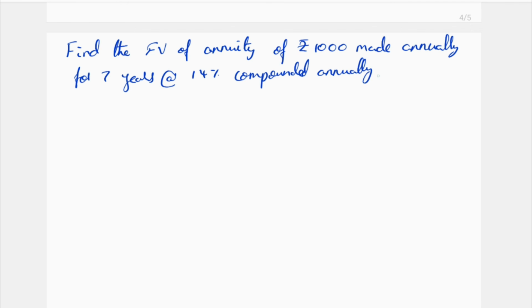This is the question. Given 1.14 whole power 7 is equal to 2.5023. This is what they have given.